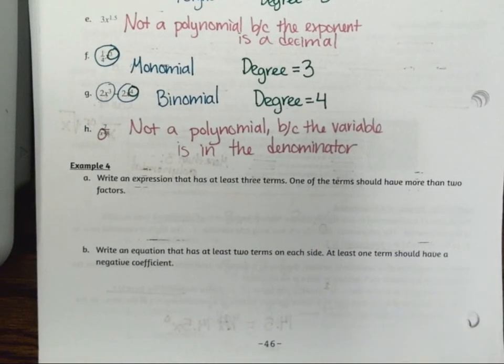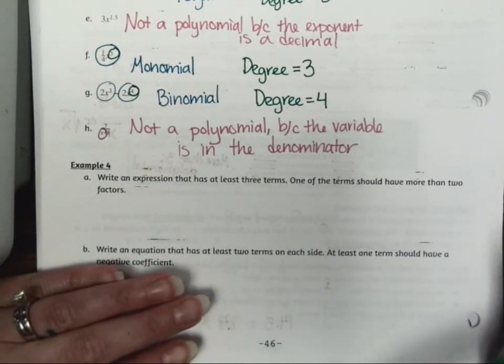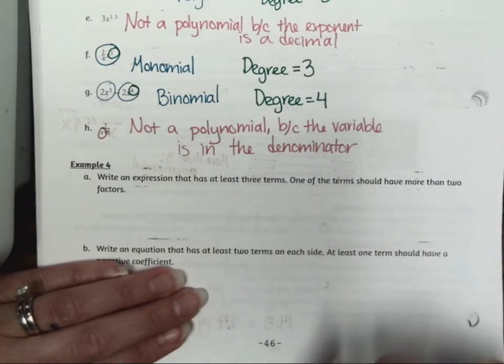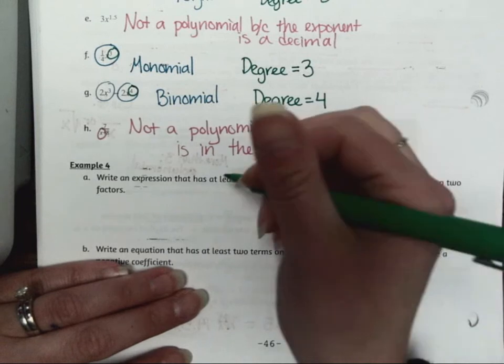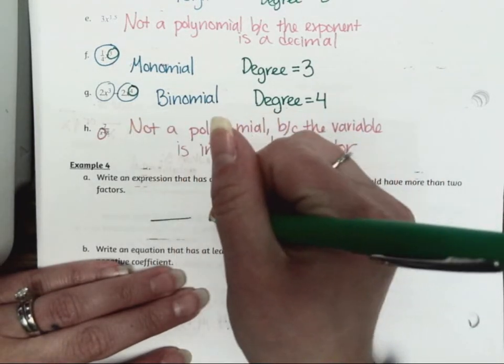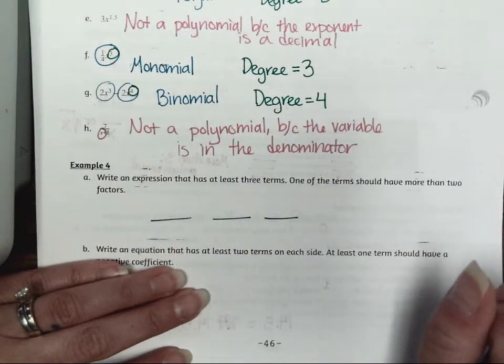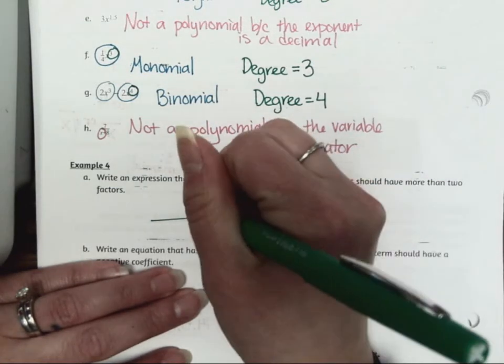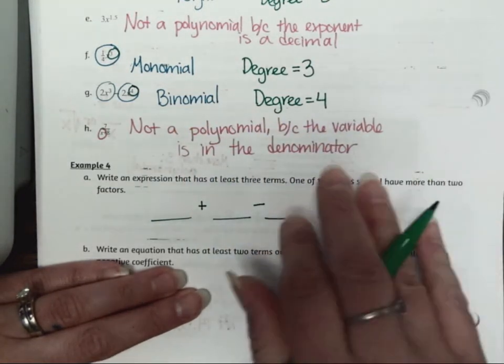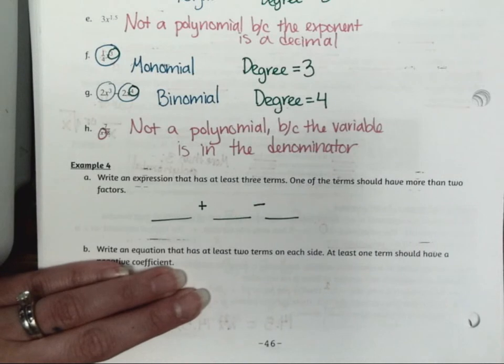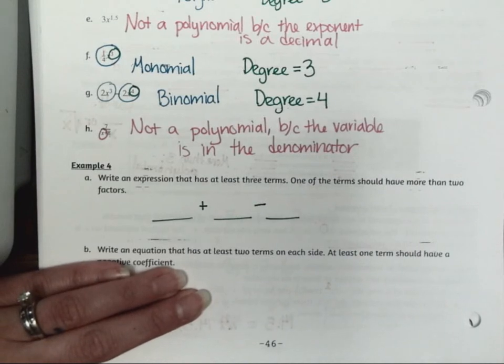Example 4 says, write an expression that has at least 3 terms. One of the terms should have more than 2 factors. All right, so if I want 3 terms, I want to separate those with addition or subtraction. And terms can be a constant, so just a number, a variable, or a combination of constant and variable with multiplying or dividing.